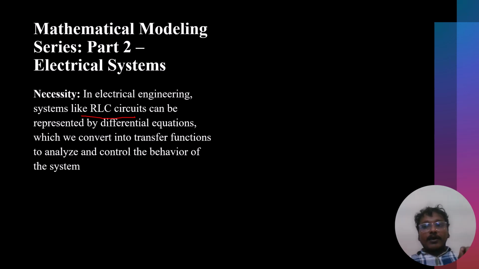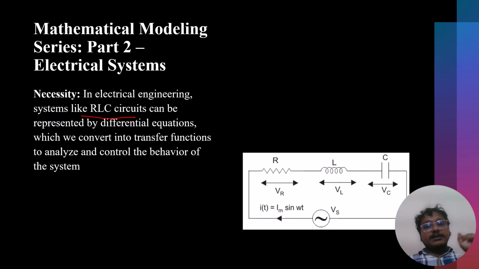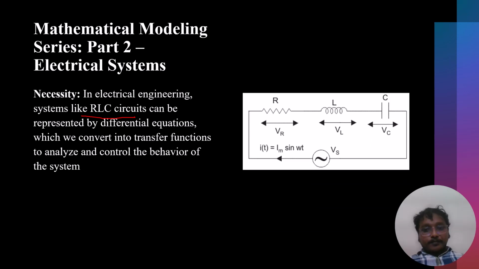Now we are going to see a basic block diagram of an RLC system. This is the AC voltage, the AC supply, having a current i(t) equal to Im sin omega t, because whenever you deal with AC systems the sine component is always there, and omega represents the frequency. Frequency is very important when writing any equations.